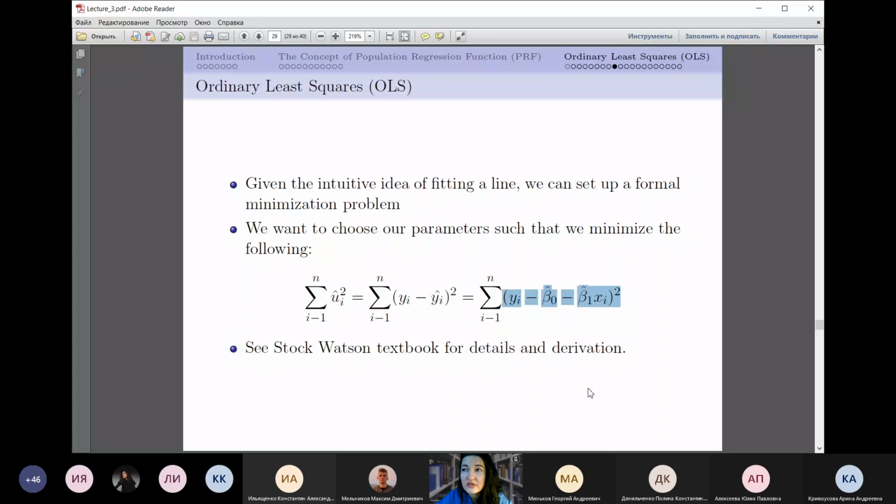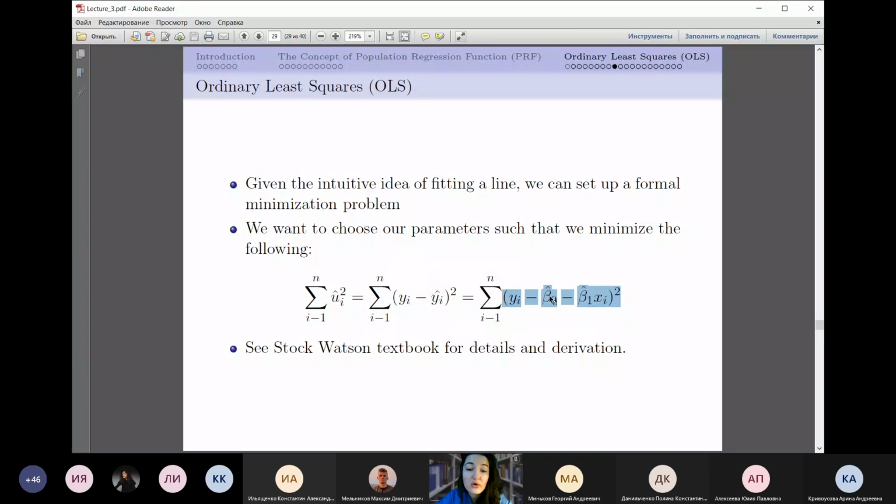For example, minimizing absolute values sometimes is difficult mathematics. And if we minimize the squared difference, it's rather easy to solve, mathematically easy to solve. And ordinary least squares estimates also have a number of useful characteristics.